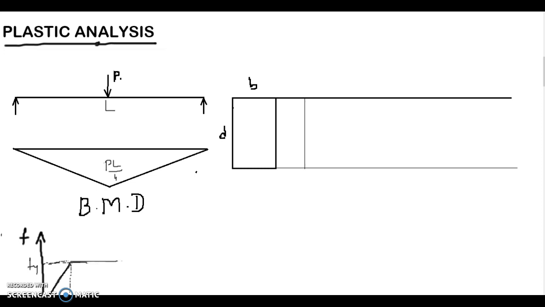If the cross section of the member is rectangular, for example B into D, the strain profile is going to look this way. This is almost a straight line because that's the assumption in the simple bending theory.